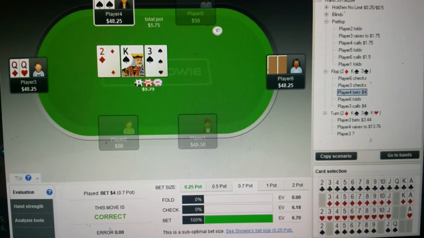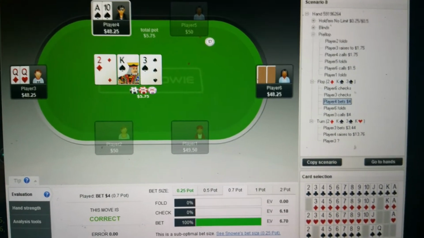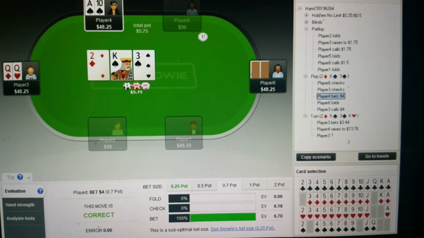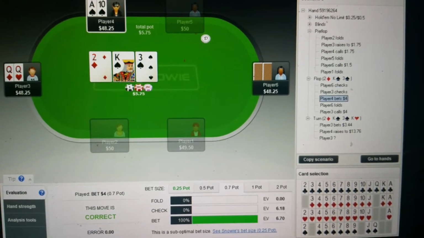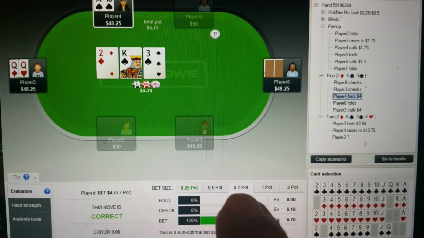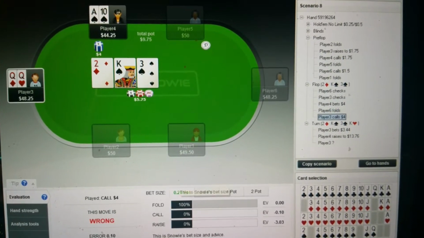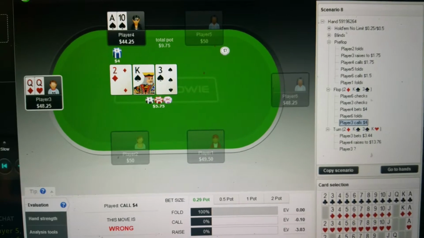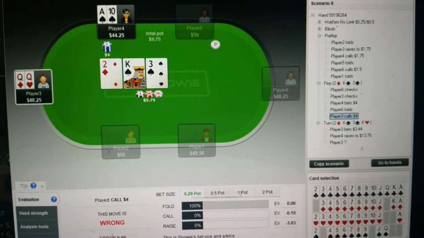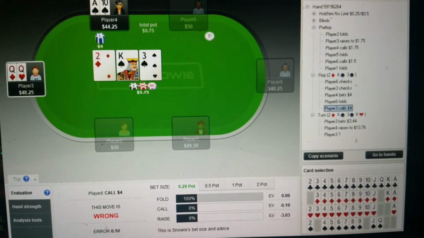He's supposed to bet quarter pot. Right there, player 4 is supposed to bet quarter pot, and he bets 0.7 pot. Okay, and I'm supposed to fold right there, on the flop.